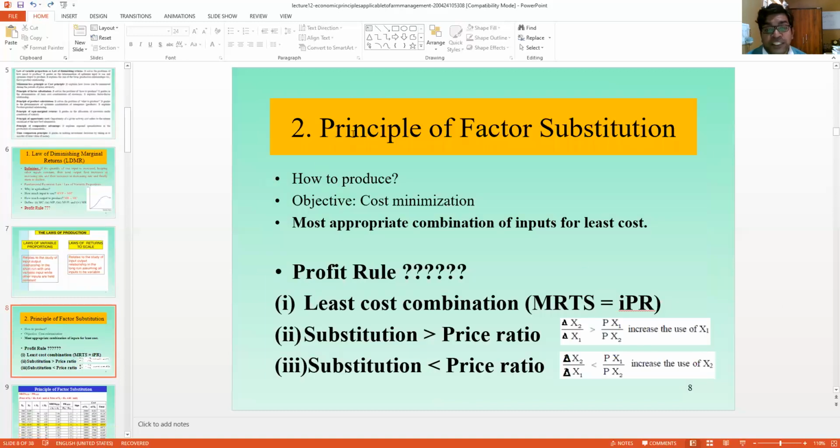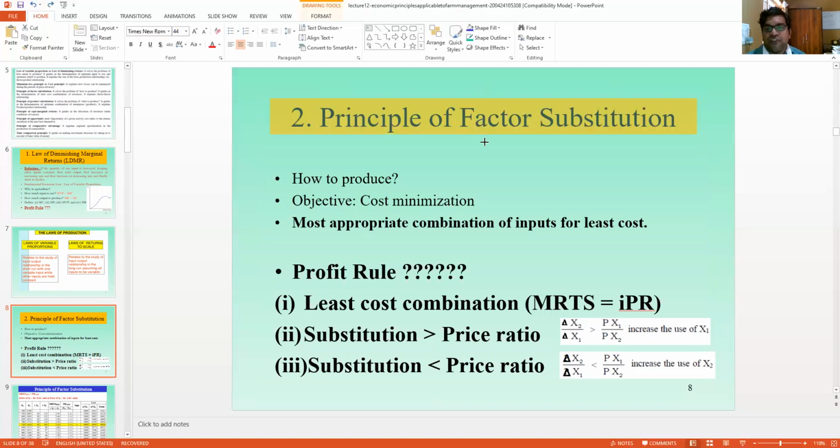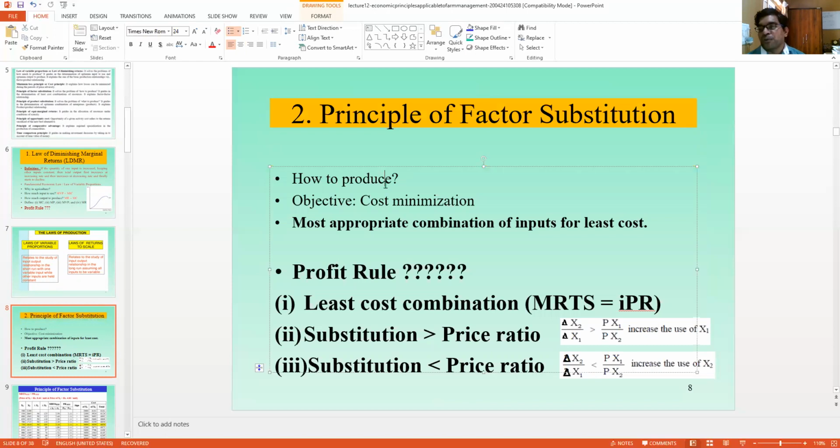Now, coming to the principle of factor substitution. We have seen the first one, called the factor-product relationship, and the law governing that relationship is the law of diminishing marginal returns. Now, coming to the principle of factor substitution, the farm management decision is how to produce.